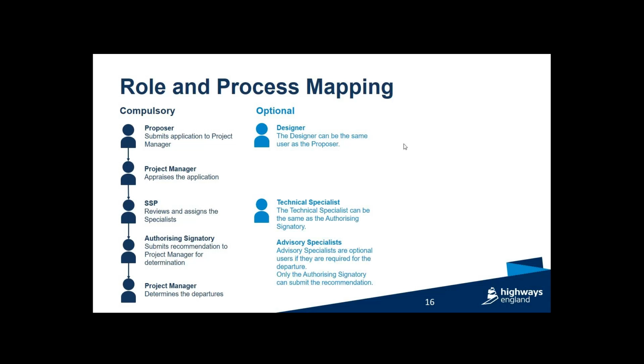This is because DAS3 is used across all disciplines, so we have to account for the way different disciplines perform the review process. In some disciplines, they do not require the two-step approach of technical specialist and then authorizing signatory, so they only assign one user who performs both roles. In the case of structures, usually you would want to apply all of these roles, so they're all there and available. And the same is true there of the advisory specialists.